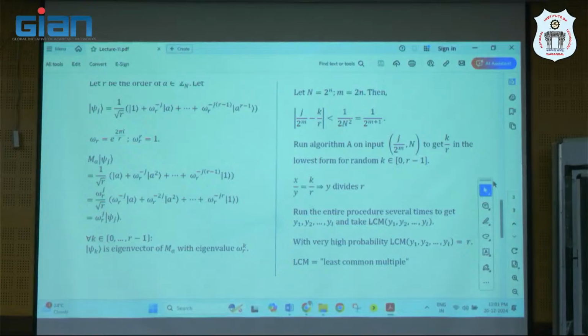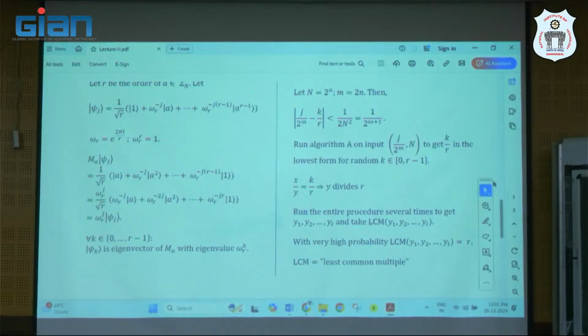So the phase estimation algorithm is the quantum subroutine. This whole algorithm for order finding has a classical component and a quantum component. The quantum component is mainly to find that J, correct?